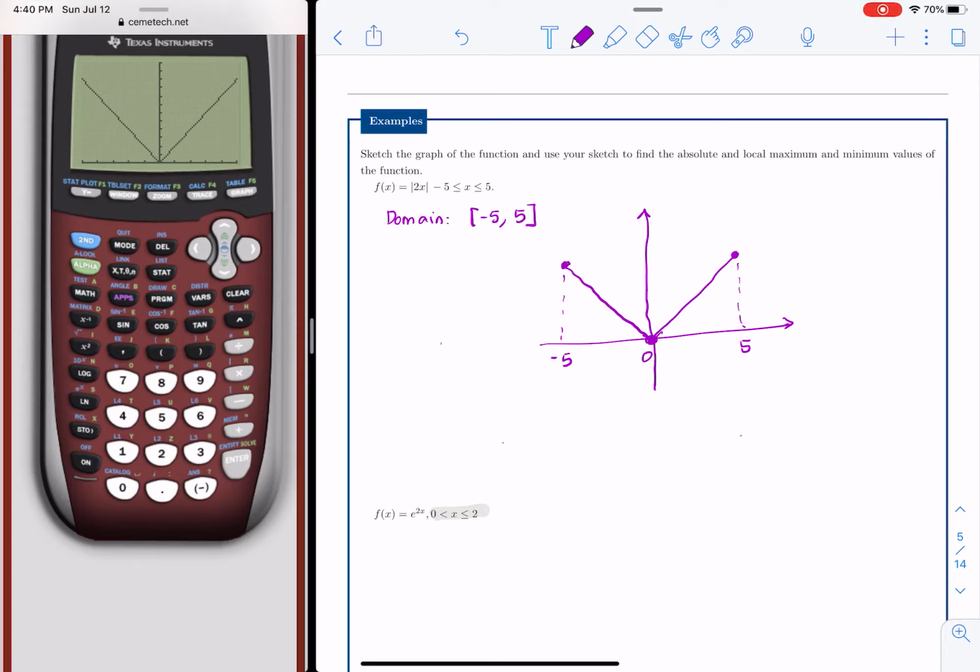When x is 0, it should be 0. And it is a v-shaped function with a sharp turn. So we can assess and find a maximum if there is one, just by looking at the curve.